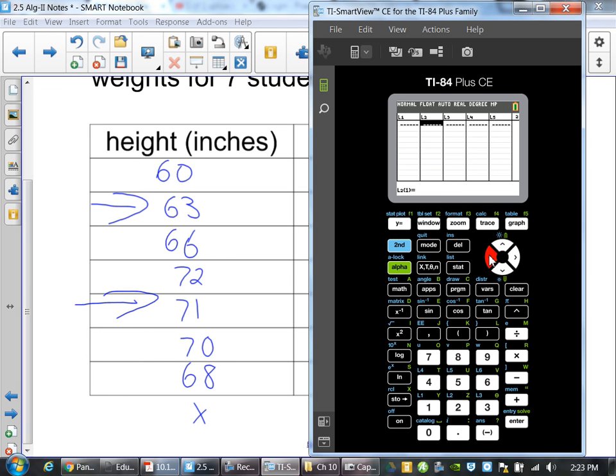And you want to enter into L1. And what do you think we're going to put in L1? Heights. Heights, yeah. 60. Enter. You can enter or down. It works the same.